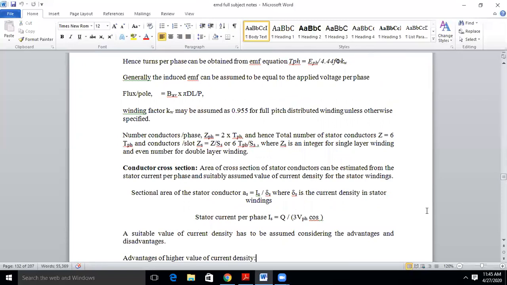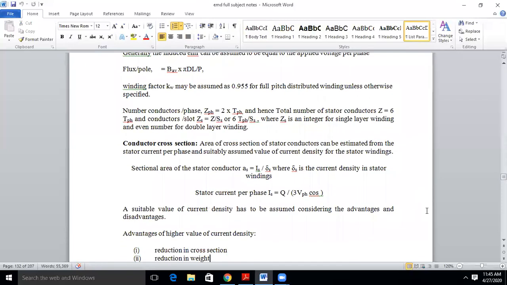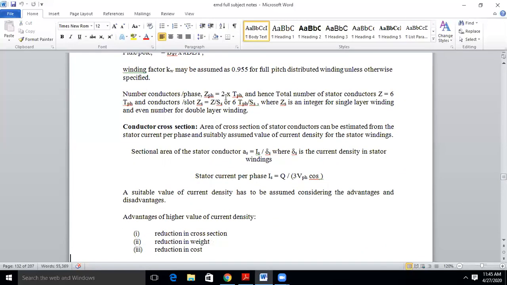Now we will see the conductor cross section. The area of cross section of the stator conductor can be estimated from the stator current per phase and a suitably assumed value of current density for the stator windings.